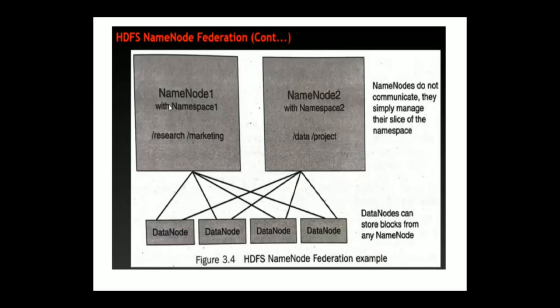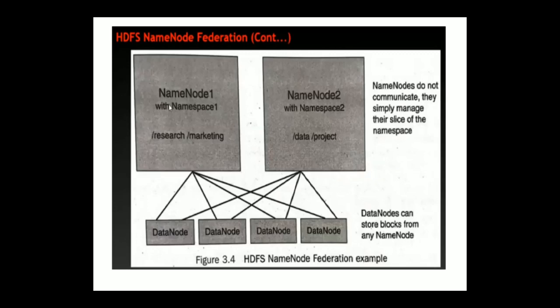Let's take an example to understand how name node federation actually works. Name node 1 and name node 2 are dealing with the data nodes. Name node 1 with namespace 1 stores the metadata for, say, research and marketing, whereas name node 2 with namespace 2 has data, maybe a project folder.